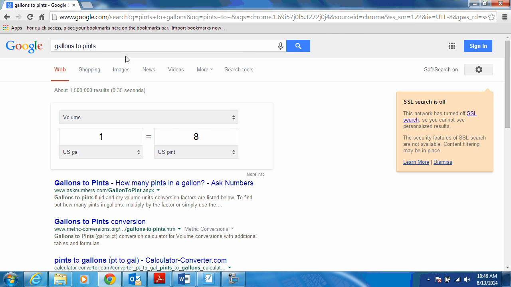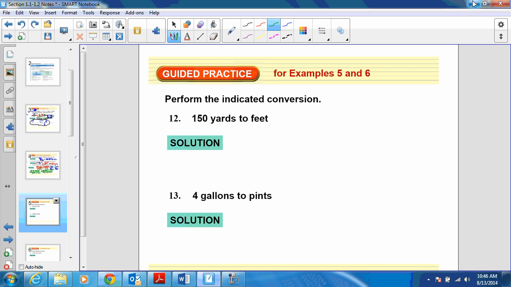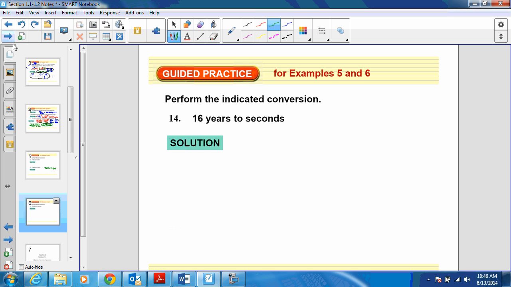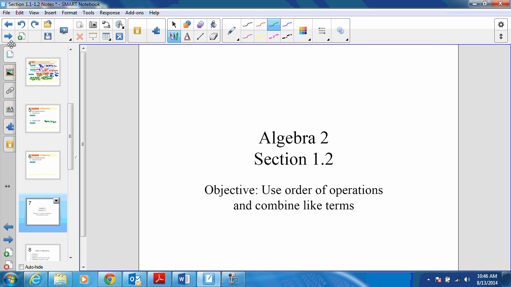It's the easiest way to do it. Some of you might have known that there's 8 pints in a gallon. I'll help you out if you need it, but you can solve those on your own. And for 16 years to seconds, we just did one like that. I would convert years to days, days to hours, hours to minutes, minutes to seconds. Try that one on your own. If you have questions, ask.